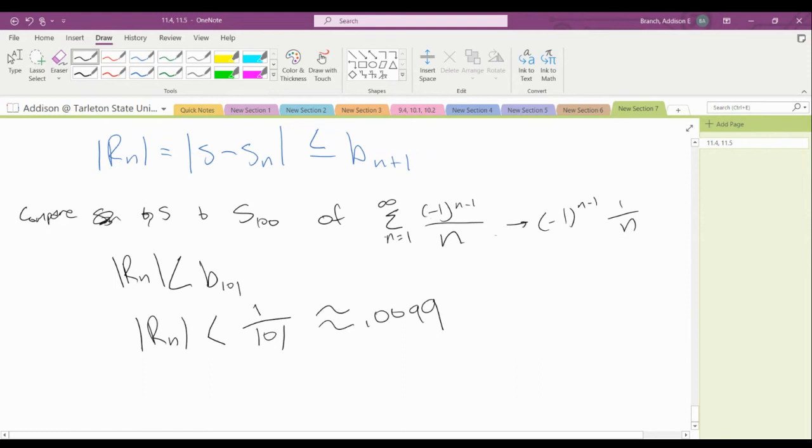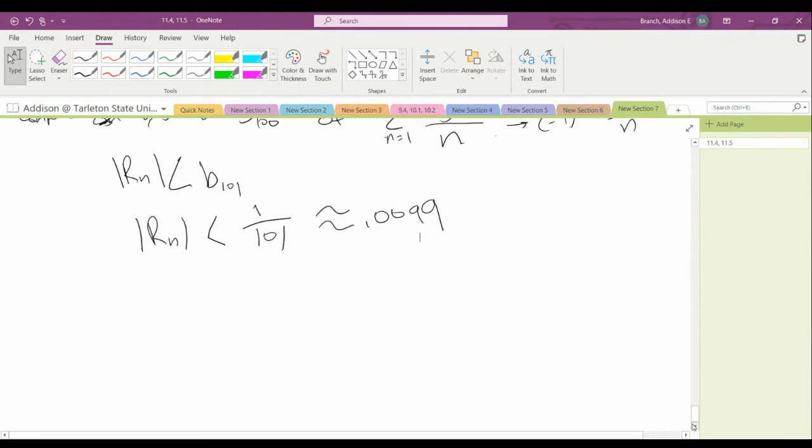All right, so if we want to find the actual sum, if we plug our initial series, (-1)^(n-1) times 1 over n, into a calculator, that is equal to the natural log of 2.